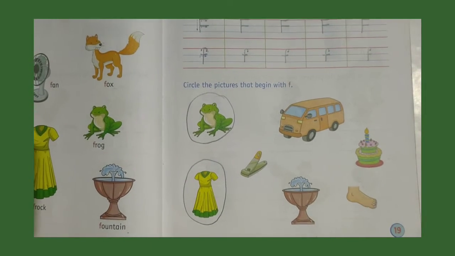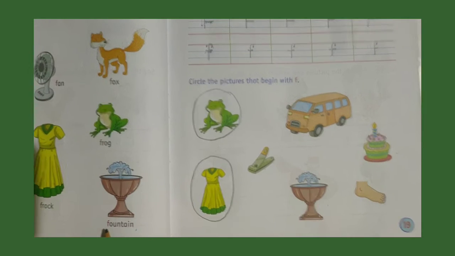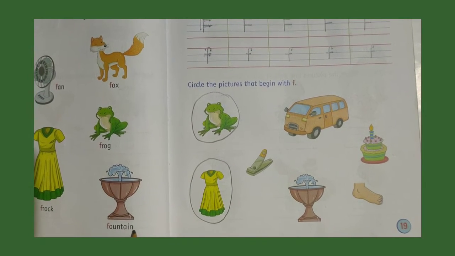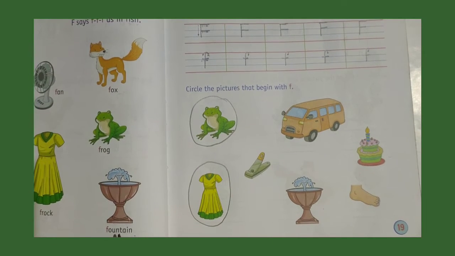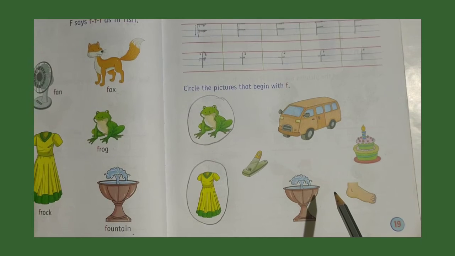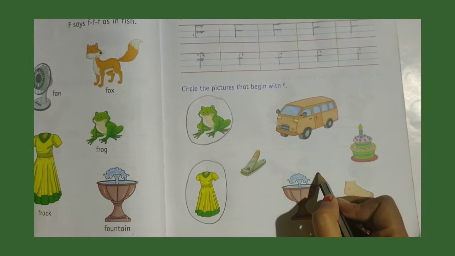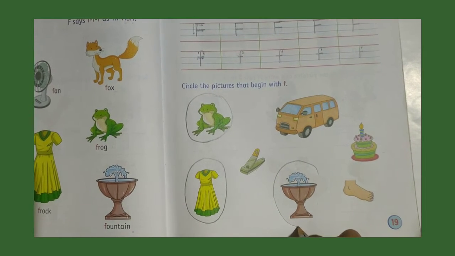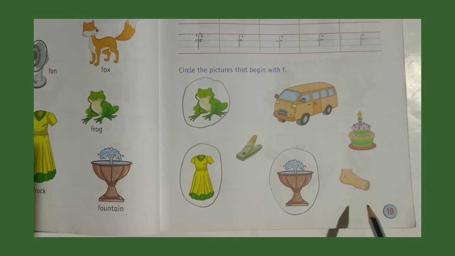Next picture, as you can see here, the picture of a fountain. Look, F-O-U-N-T-A-I-N, fountain. So fountain is starting with the letter F. So circle the picture of fountain.